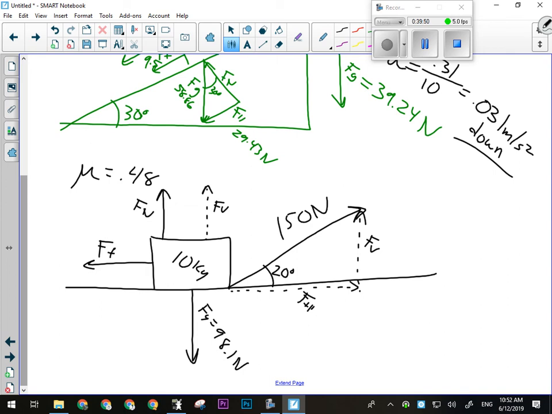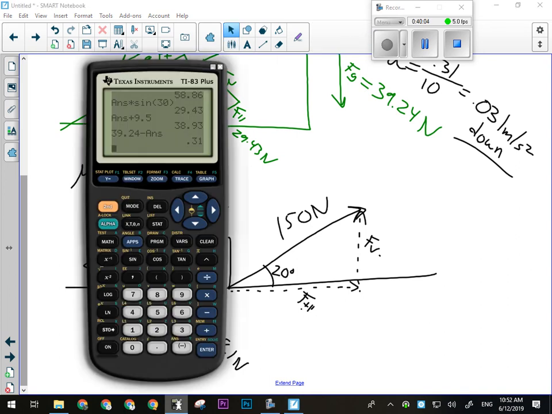Okay, so now I've got my free body diagram done. I need to calculate some forces here so that I can put them on there. The first ones I want to calculate are F horizontal and FV, so I can get rid of the angled force and simplify my diagram a little bit. So F horizontal will be the cos of 20 times 150 newtons, and that's 140.954.